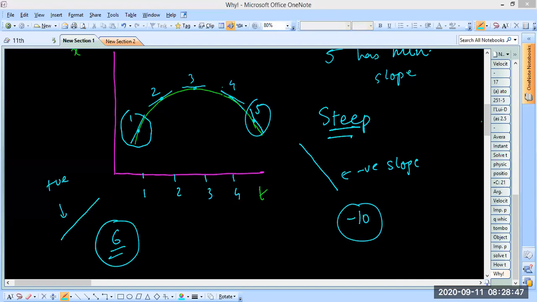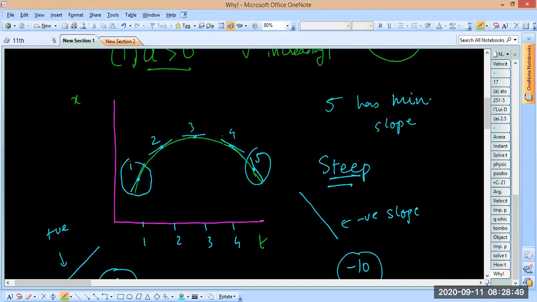So that is what is happening here, right? So tangent 1 has maximum slope, then a little bit less for tangent 2, then a little bit less for 3. I mean, here it's nearly 0, right? And then for 4 it is negative, and for 5 also it is even more negative, right? So you can see here the slope is going from positive to 0 to negative, correct?